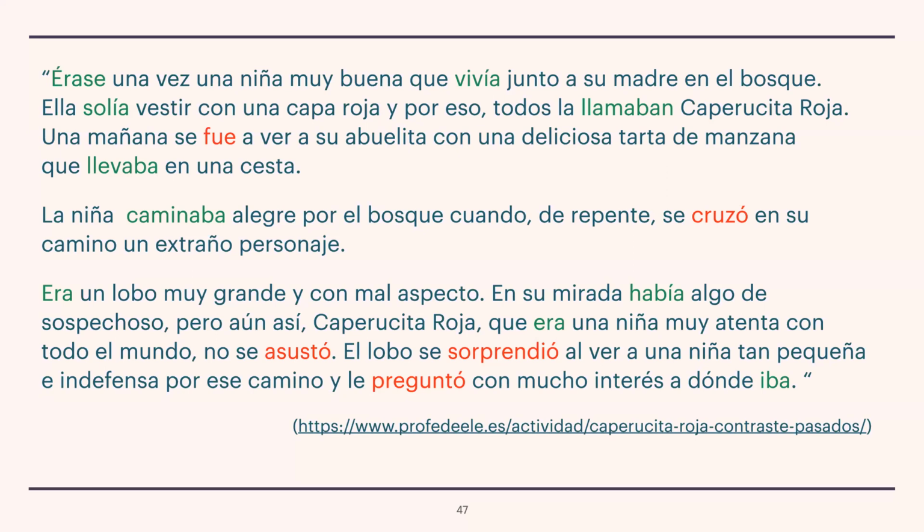Érase una vez una niña muy buena que vivía junto a su madre en el bosque. Ella solía vestir con una capa roja y por eso todos la llamaban Caperucita Roja. Una mañana se fue a ver a su abuelita con una deliciosa tarta de manzana que llevaba en una cesta. La niña caminaba alegre por el bosque cuando, de repente, se cruzó en su camino un extraño personaje.